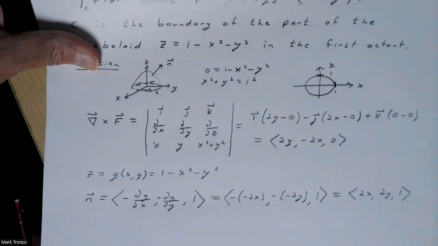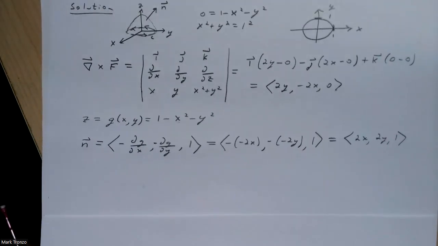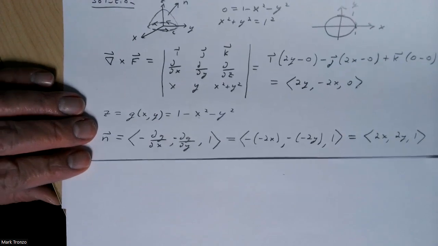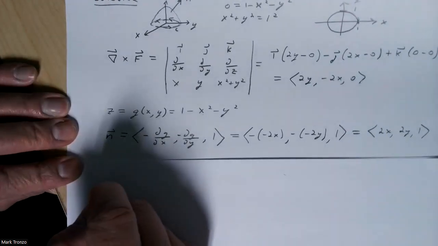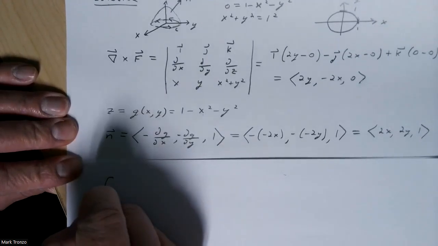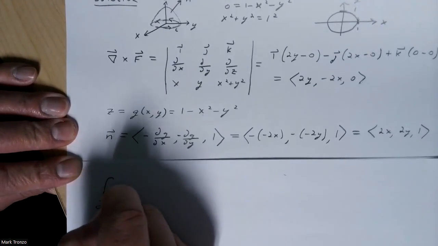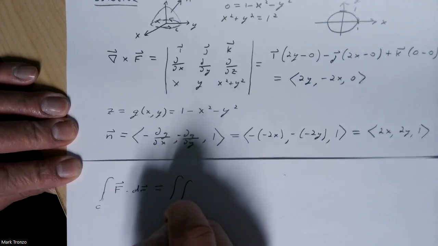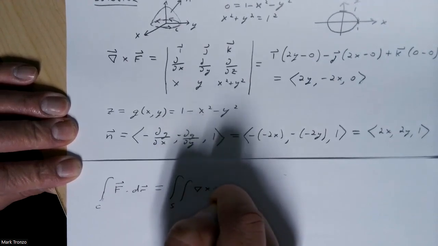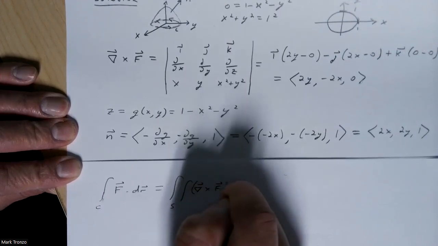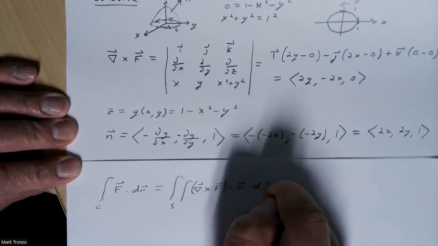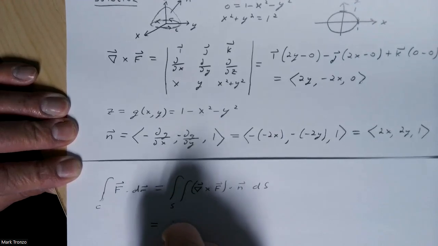Then let's use Stokes' theorem now. Just to remind us what Stokes is, we could say the curl of f, the cross product, dot n ds, and we'll put all of our stuff in.